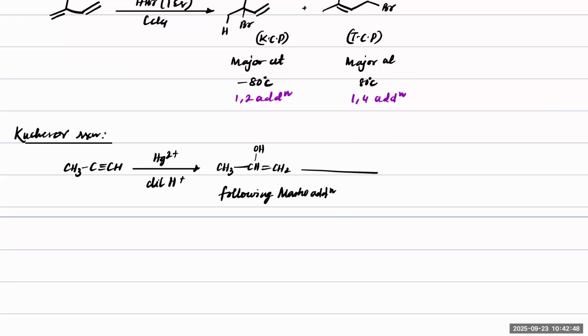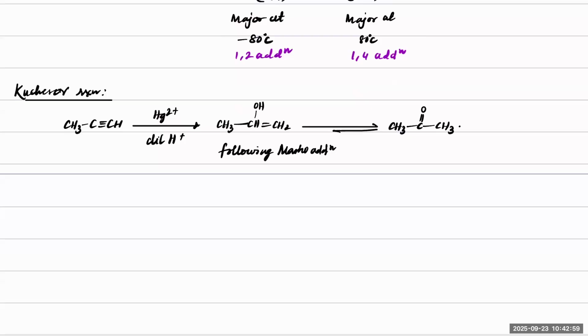Once you get that, it will undergo tautomerism to convert into the keto form. So you should be going towards the more stable side. So this will be the major yield, correct?